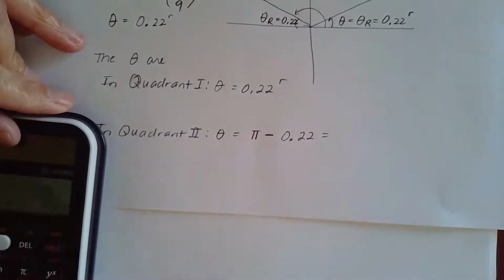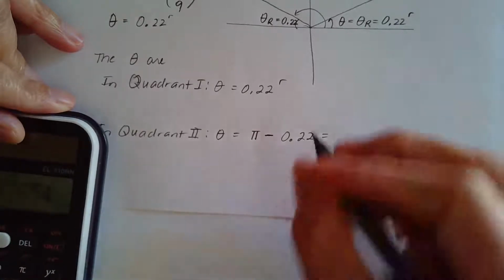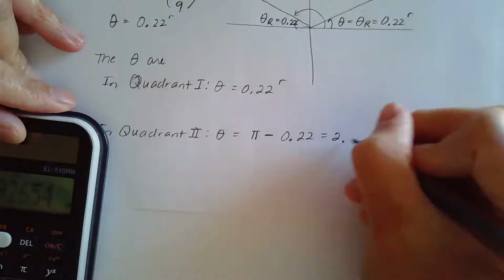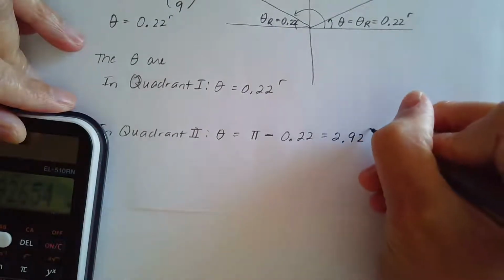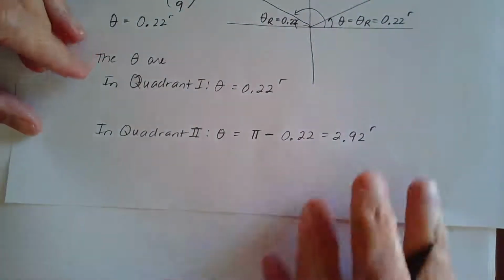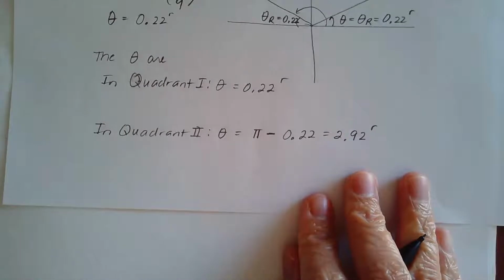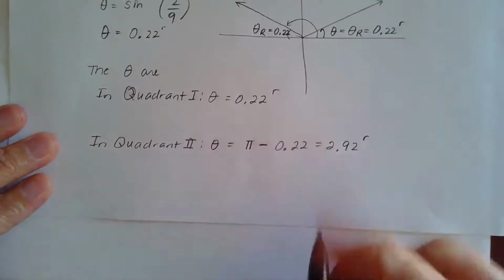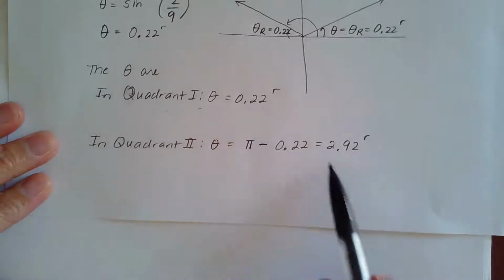So pi minus 0.22 is going to give us 2.92 radians. Okay, so those are the angles in quadrant 1 and in quadrant 2.